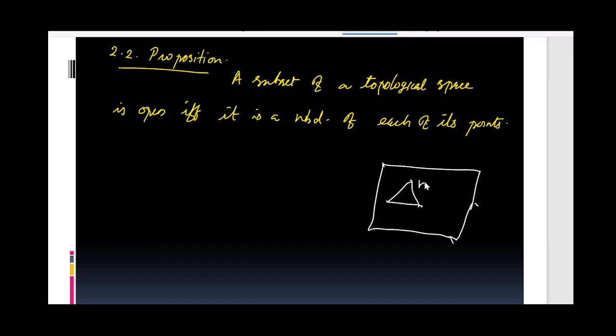It is some V. Now V is said to be open if and only if for every point x belongs to V, V is a neighborhood of x.